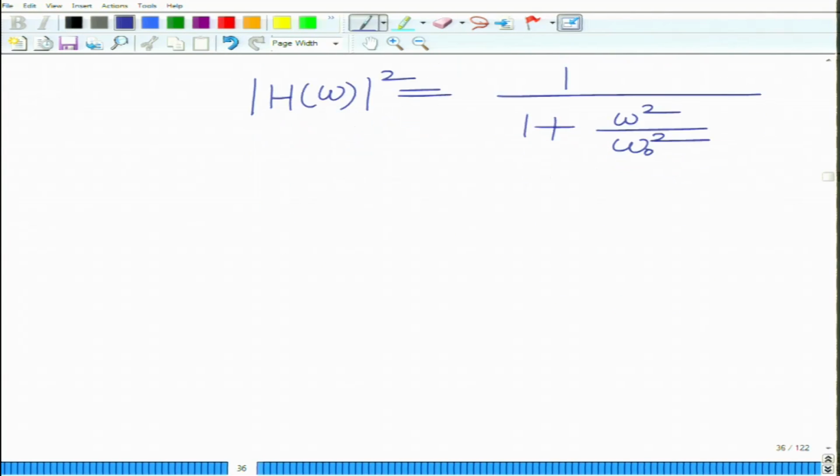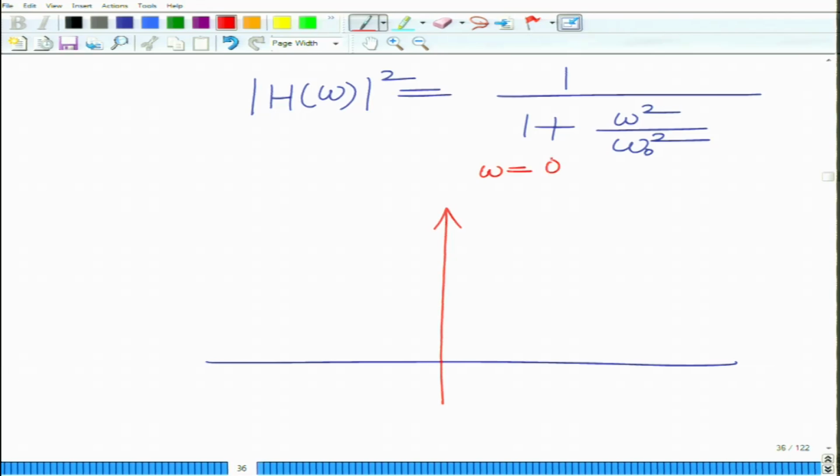If you look at the magnitude response, it is easy to see that at omega equal to 0, magnitude H(omega) squared equals 1. As omega tends to infinity, omega squared tends to infinity, so 1 plus omega squared over omega naught squared tends to infinity, and 1 over that tends to 0.